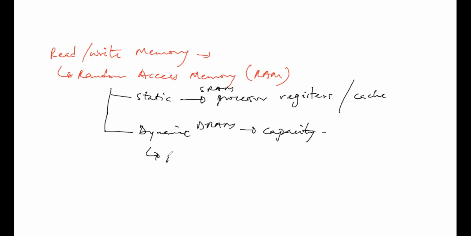So we now have other types of DRAM. We have the fast page mode DRAM, or FPM DRAM. They exploit the fact that we access memory sequentially most of the time. So let's look at how the memory is organized.